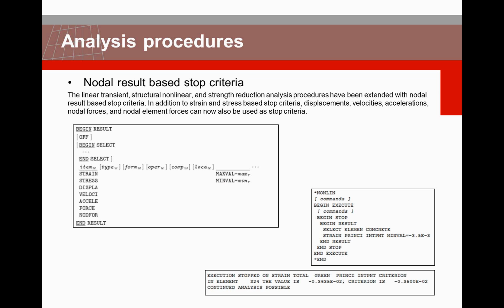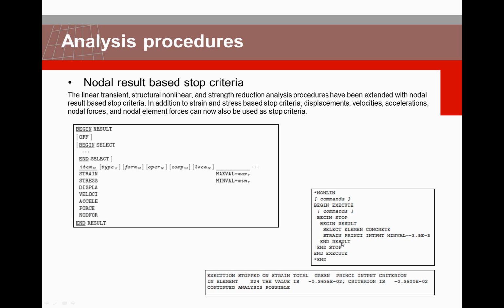Stop criteria in a nonlinear analysis so far were available only for element-related output results such as stresses and strains, but can be defined now also for nodal results such as forces or accelerations or displacements.